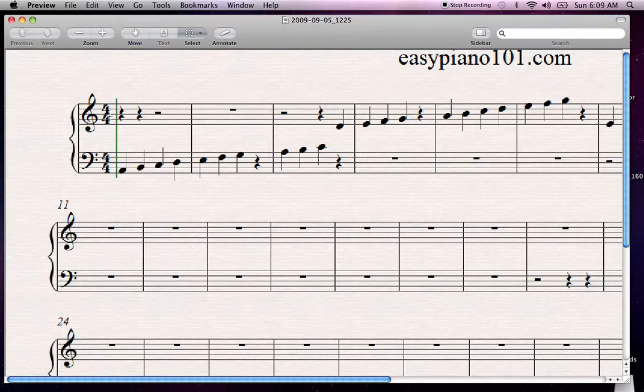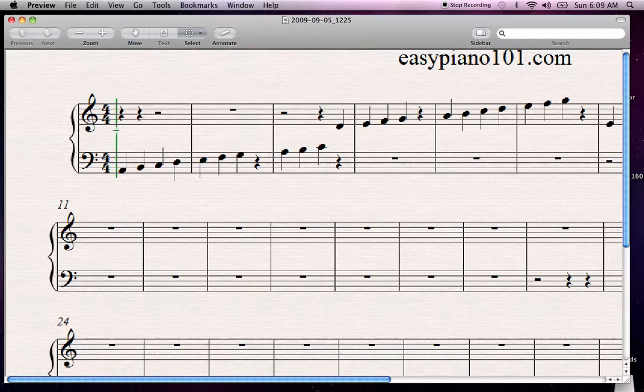Now, you can have 2/4. Then there would only be 2 quarter notes in every measure, or 2 quarter note rests, or a half note rest, or 1 half note. I'll show you what half notes are later.